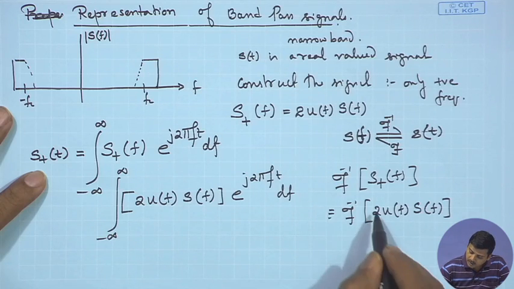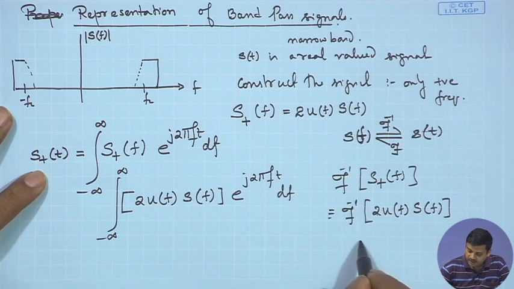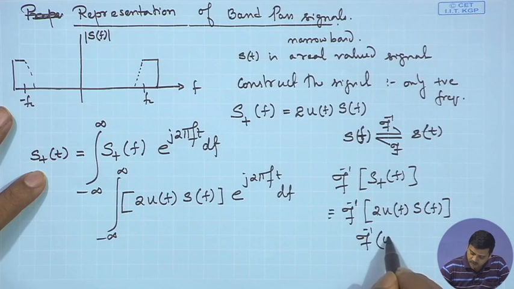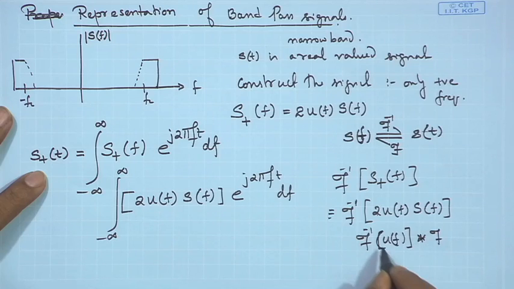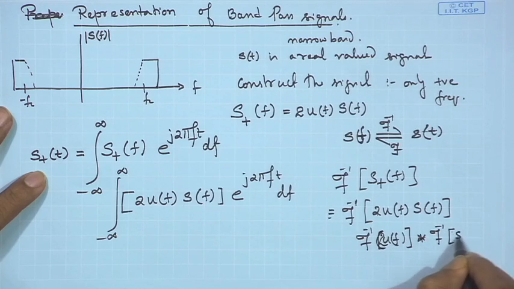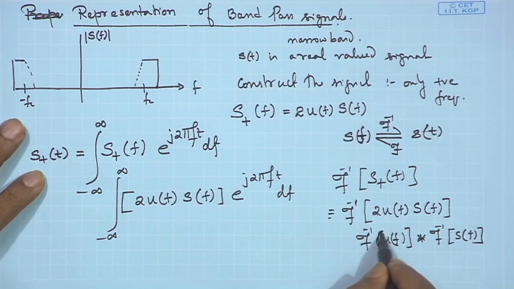If so, we have a convolution, and this is a constant, so the constant does not affect. So, we have the inverse Fourier of u of f convolved with the inverse Fourier of S of f, and you can keep the 2.